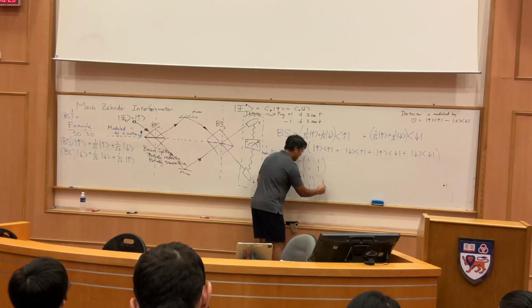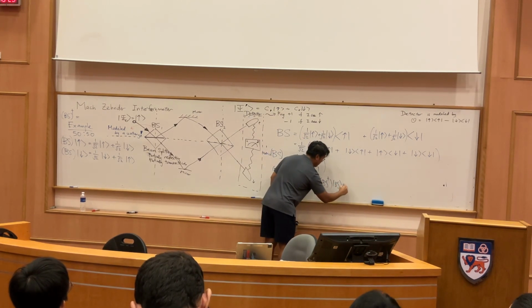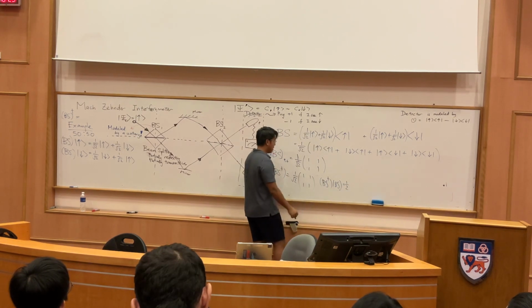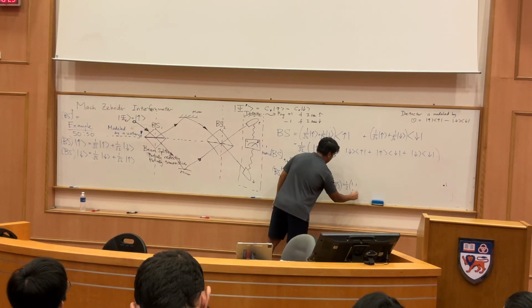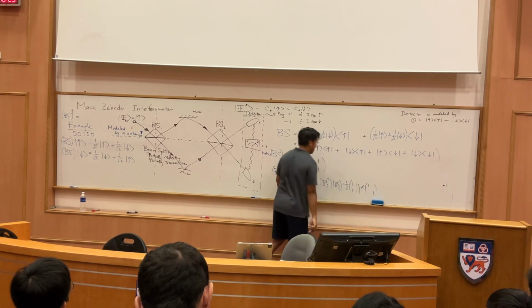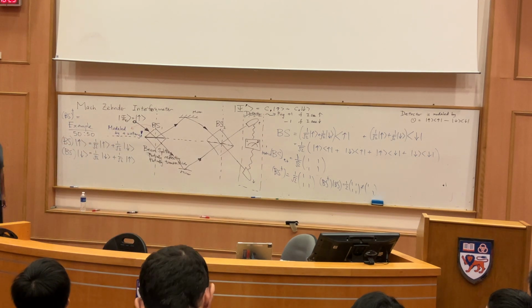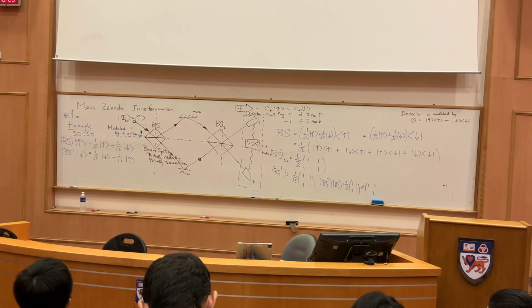And so you do BS dagger BS, which is equal to 1 half times 1, 1, 1, 1, which is not the identity. So it's not unitary. So this way of modeling it is not correct.